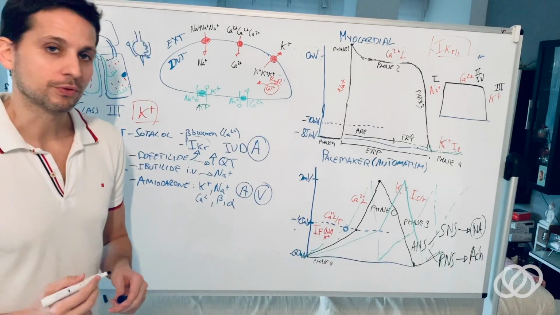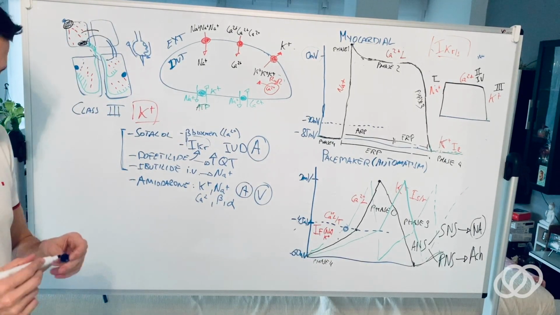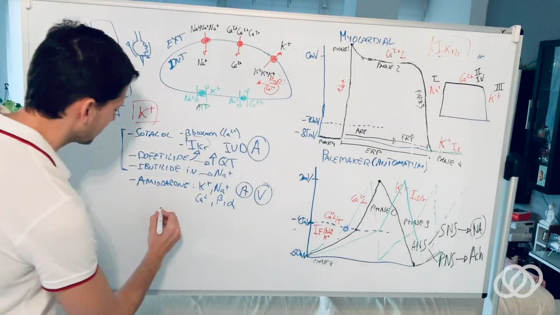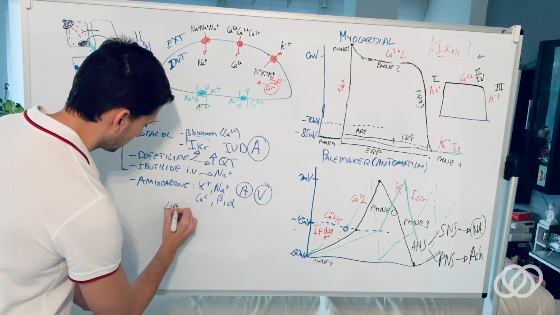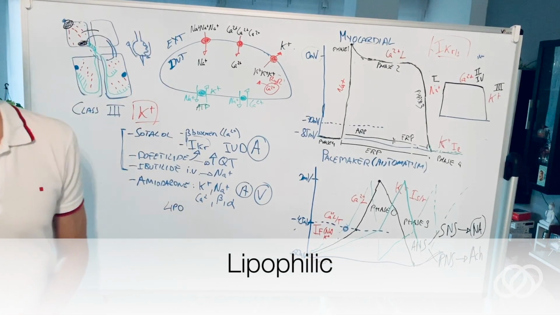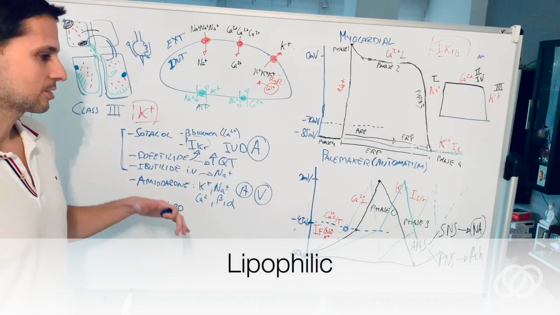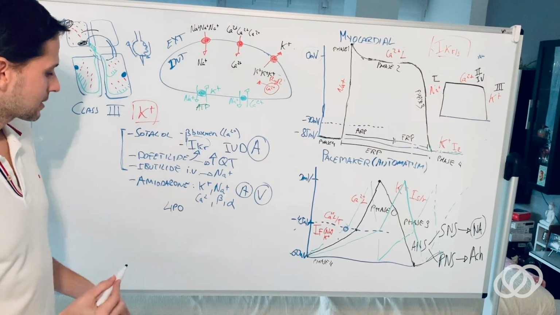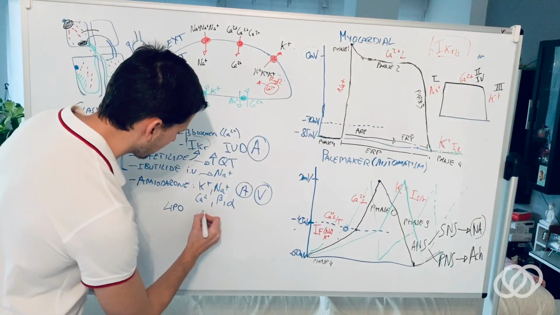Amiodarone is very useful. The problem is the side effects that amiodarone has, because it's very lipophilic. Amiodarone accumulates and stores a lot in the body. It also has some iodine in the molecule.